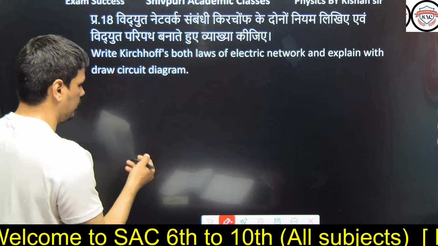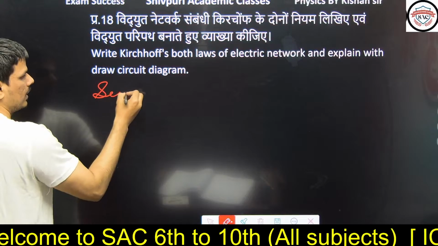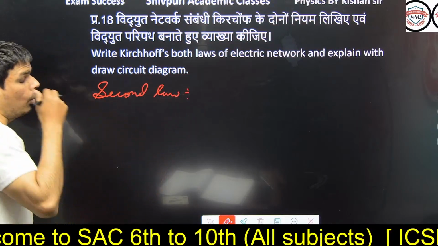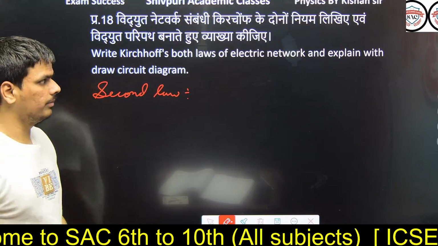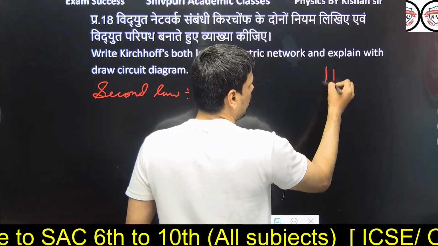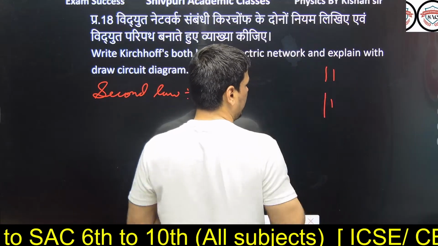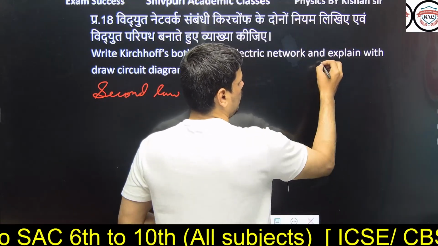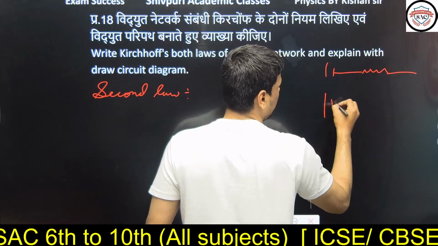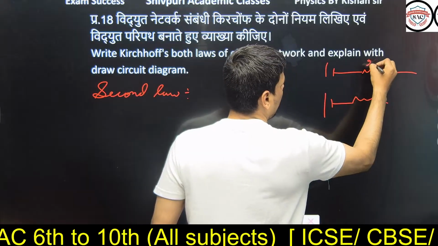So for the second law of Kirchhoff's, the second law is also known as a mesh loop or a closed loop. Suppose there are two cells which are going to connect. This is our resistance R1, this is our resistance R2.